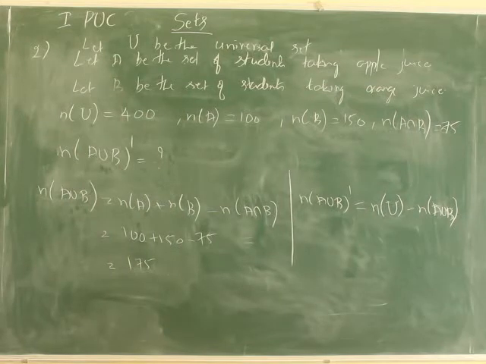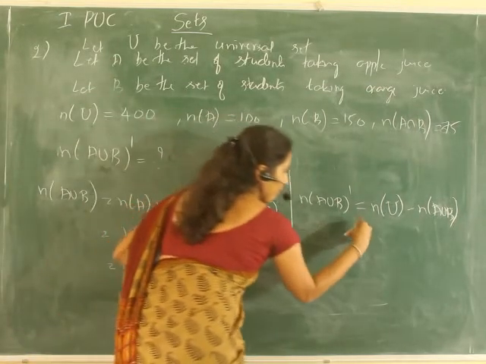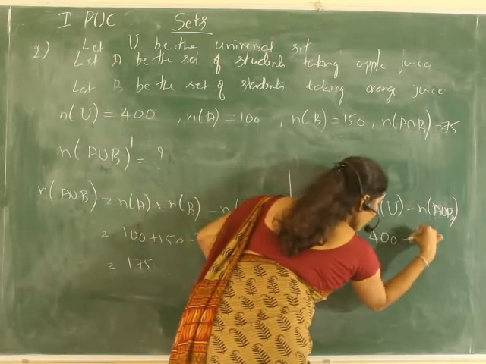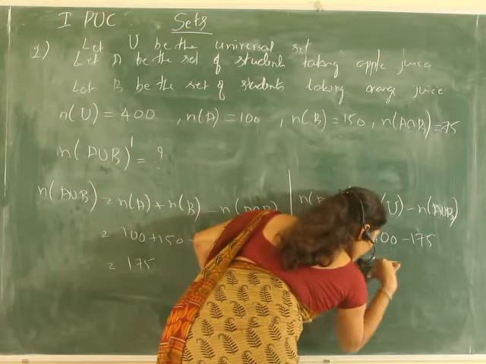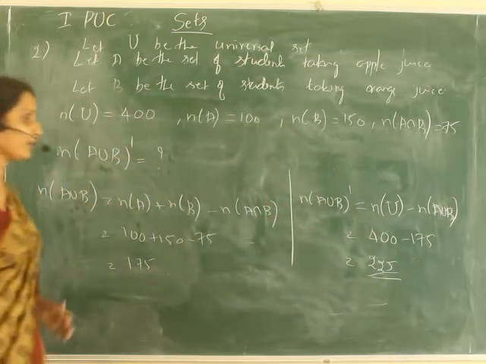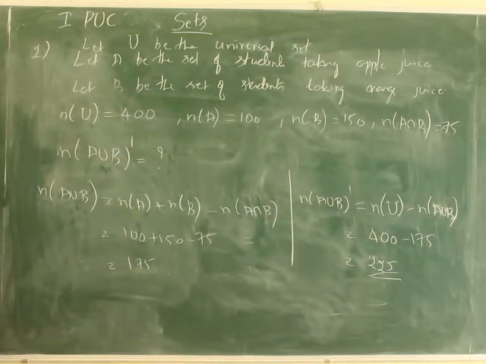So it is 400 minus this, which will be 225.